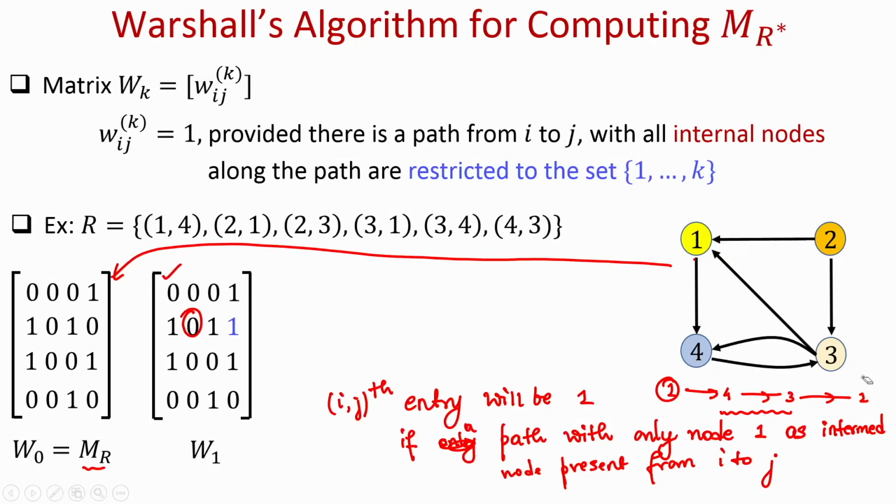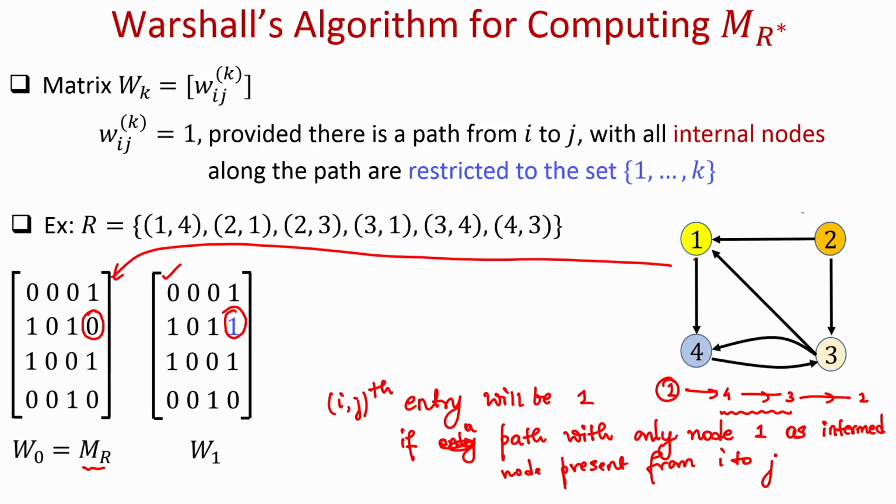So, let me show why this entry 2 comma 4 is becoming 1 here. The entry 2 comma 4 was 0 in matrix W0, because there is no direct edge from 2 to 4.